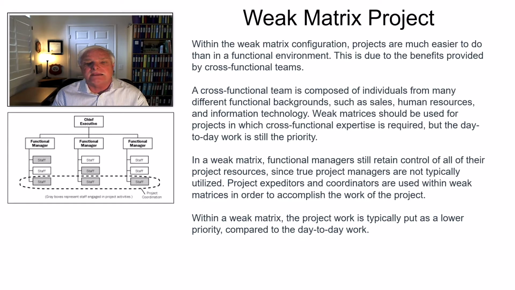In a high-tech environment, it could be engineers, it could be manufacturing, and some of these may be referred to as co-located teams. In the common terminology today, many team environments that have a strong matrix or a projectized matrix could be referred to as integrated product teams, IPTs.